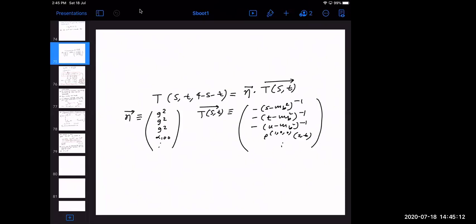That constraint will be provided by this b vector, which will be suitably chosen. For our problem, the b vector will be the one with a 1 at the position corresponding to g square. Let me write it down for completeness: this is g square, alpha, 1, 0, 0, and so on.